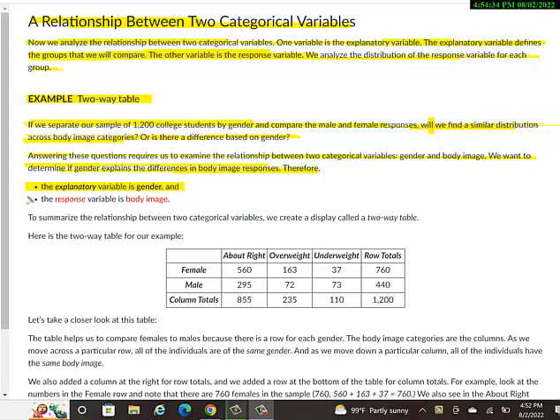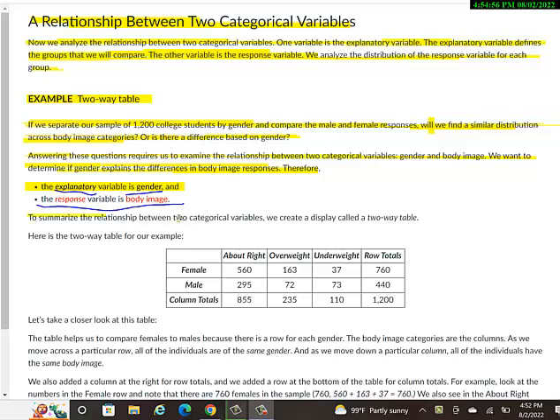So we're imagining that gender will explain the answers of body image, right? That's why they call gender the explanatory variable. We think that one will influence the answers. It'll explain the answers. Like if it's female, maybe more will say overweight than if we're talking about male here. Like we said, the response variable is body image.